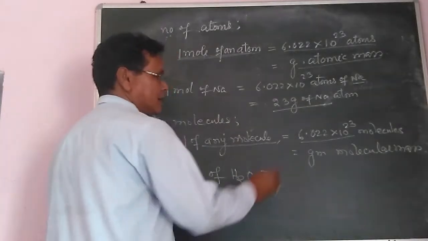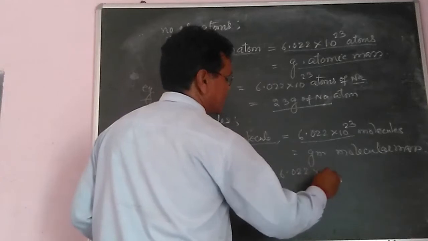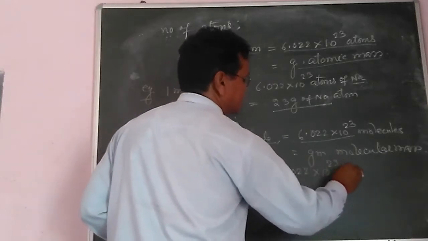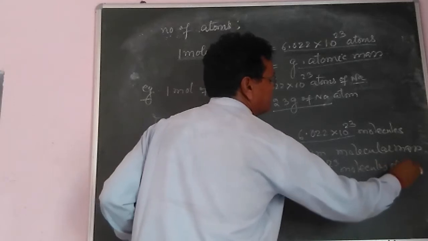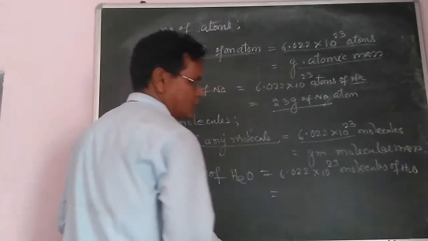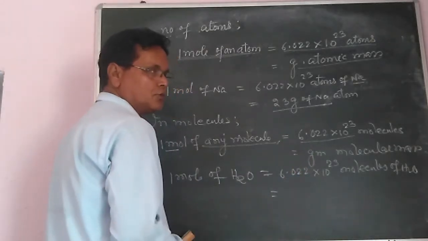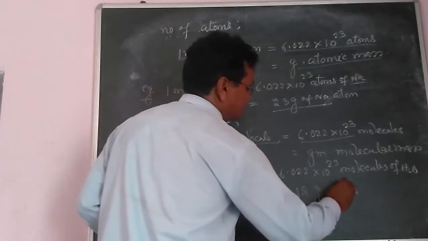It is equal to 6.022 into 10 to the power 23 molecules of water, and its gram molecular mass, the molecular mass of water, is 18 gram.